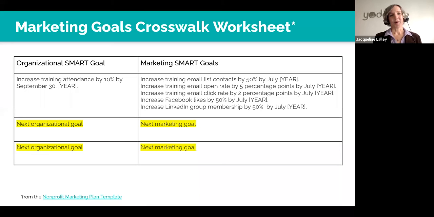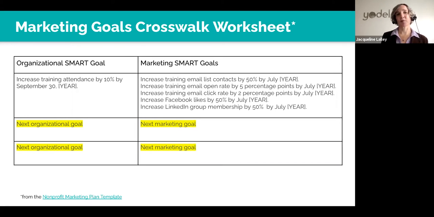So here's a crosswalk that helps to drive that point home and really show how it can work in a concrete way. Over on the left, we can see an example of an organizational SMART goal. So let's say we want to increase training attendance by 10% by September 30th of whatever year it is.